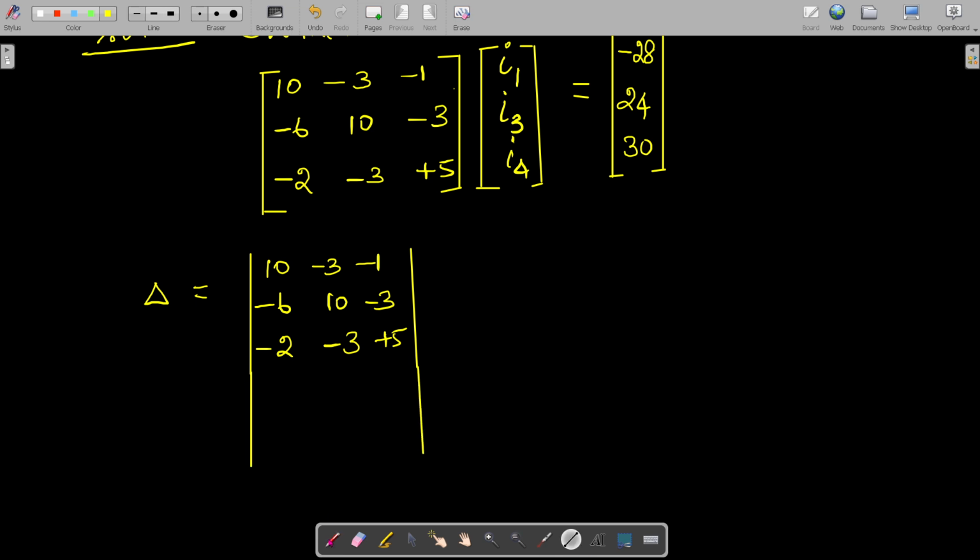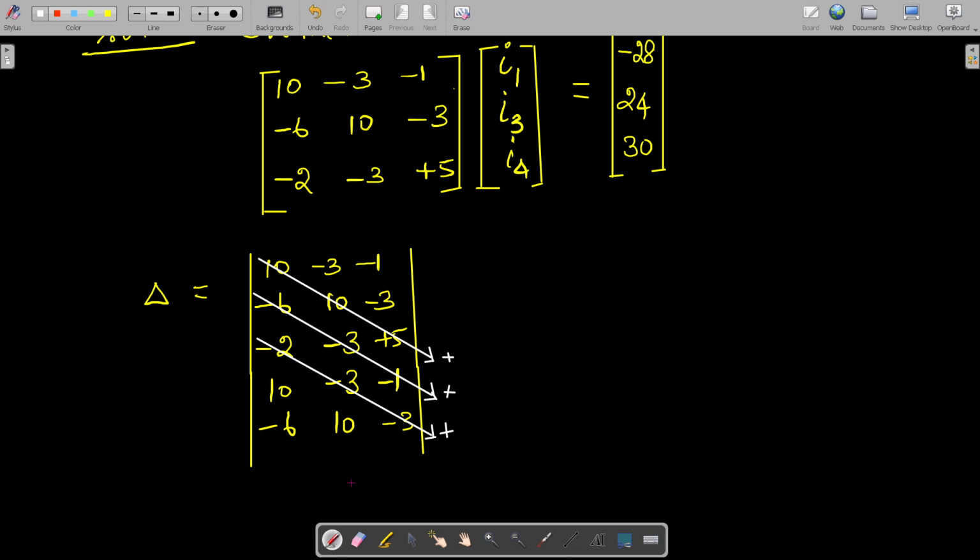I'll be repeating the first 2 rows, so that it is 10, minus 3, minus 1, minus 6, 10 and then minus 3. So we can draw the line like this, 10, 10, 5. On this right hand side it is plus value multiplied by plus. Similarly here also these 3 values must be multiplied and multiplied by plus. Here these 3 then plus. Okay, so now we'll do that.